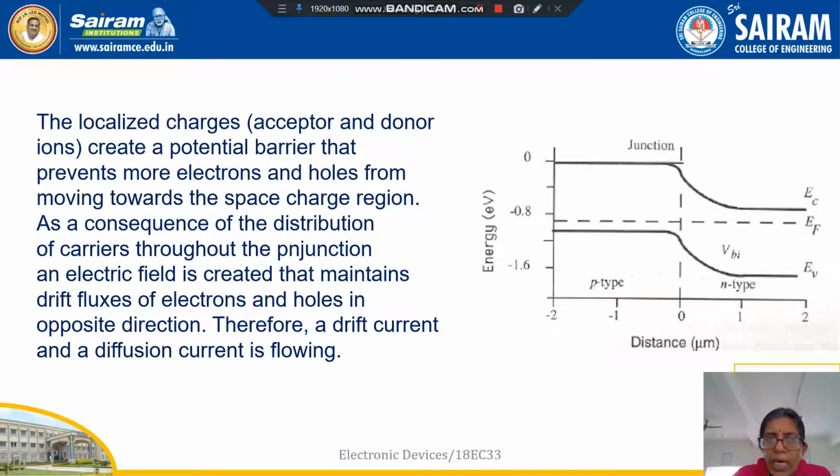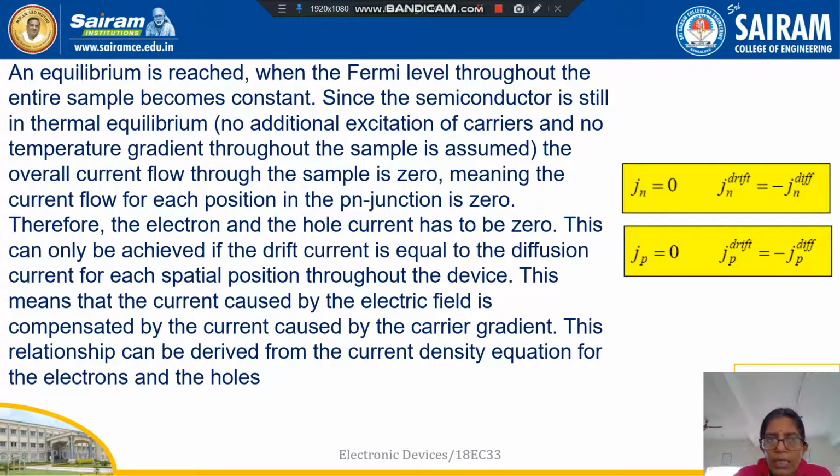So put together, I can say that at zero bias, there will be two types of current. One is called the drift current, and the other is called the diffusion current. And we know that these two currents are in opposite directions, and hence at thermal equilibrium, or at zero bias, the hole diffusion current and hole drift current cancel each other, and similarly the electron diffusion current and electron drift current cancel each other.